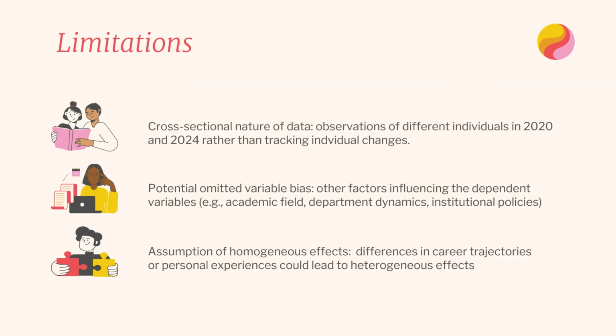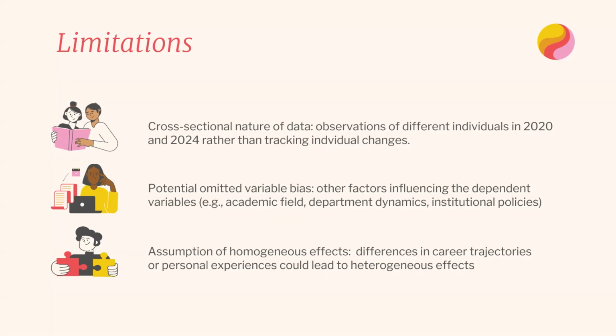Second, our analysis may miss some underlying factors that affect perceptions, like department-specific cultures or some individual experiences, and this could potentially bias our conclusions. And finally, the statistical models we used often assume that factors like gender, managerial position, and being a parent have the same effects on all respondents, and in reality they might affect different groups in different ways, and it depends on the roles or career stages, for instance.